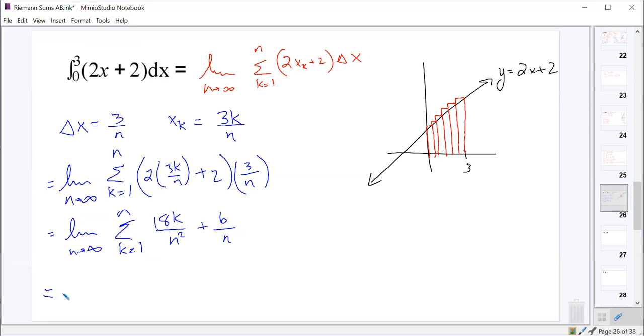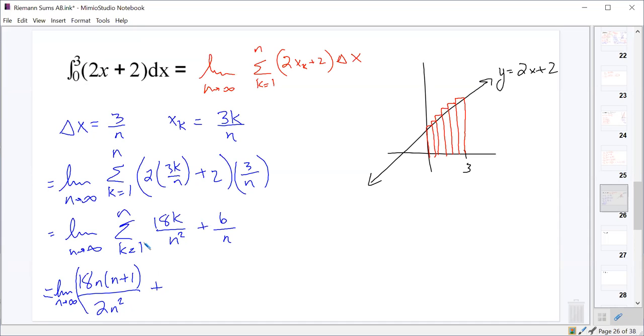Good or no? Yeah. Okay. And then once again, the 18 over n squared is a constant. So we're multiplying that by the summation of k, which is n times n plus 1 over 2. So 18n times n plus 1 over 2n squared. Oops, I forgot to write my limit. 6 over n, which should be what?